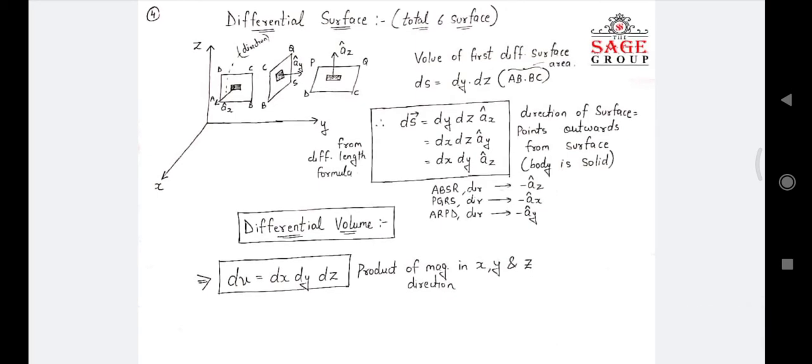Always coming out. In a similar fashion, for the faces ABSR, PQRS and ARPD, I have put their directions below the box, that is -az, -ax, -ay. So if you find them for the other faces, you will get these negative signs.